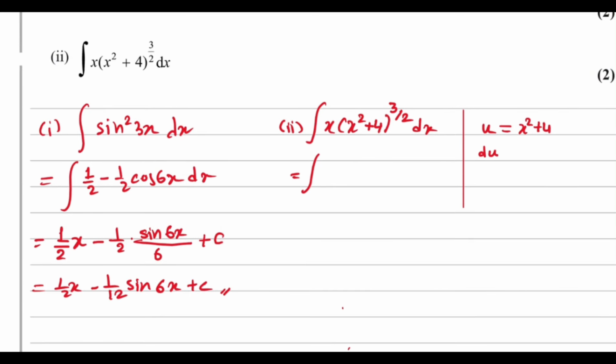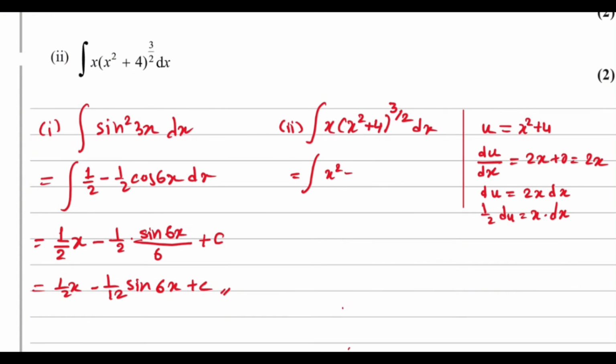Now I will take the derivative of u. This will give me 2x plus 0, or 2x. I can now separate out the terms. So du is equal to 2x dx, or half du is equal to x dx.